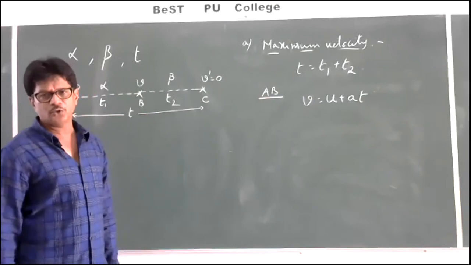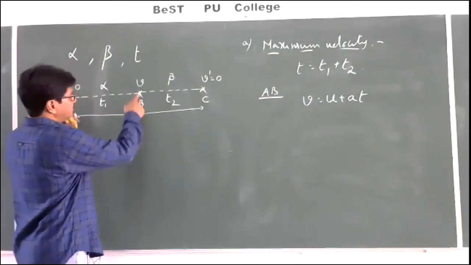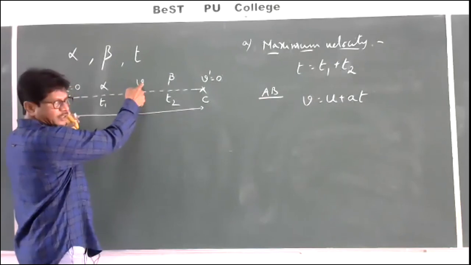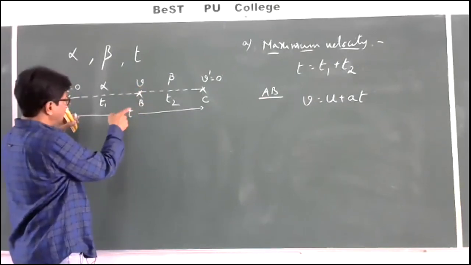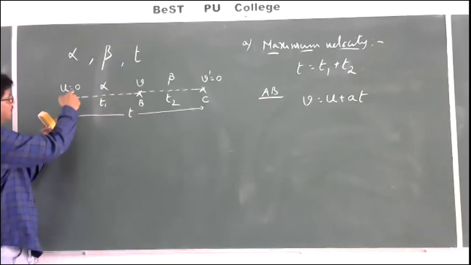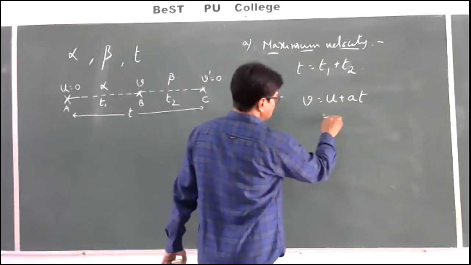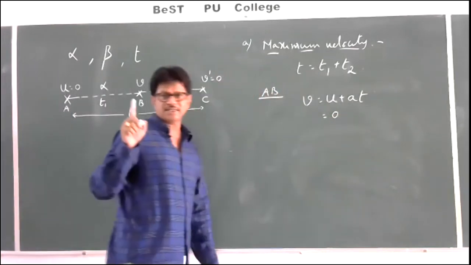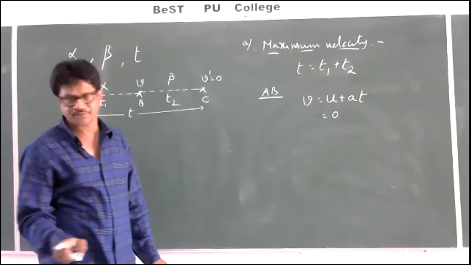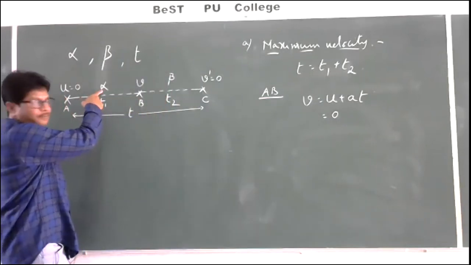V is equal to U plus AT, where V is the final velocity, here also the final velocity V only, and U is the initial velocity. Here the initial velocity is 0. A is nothing but acceleration, and in the problem acceleration is given as alpha.